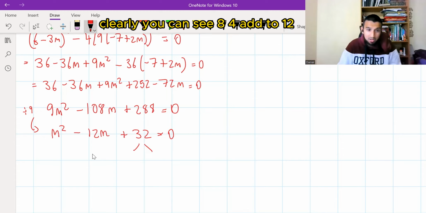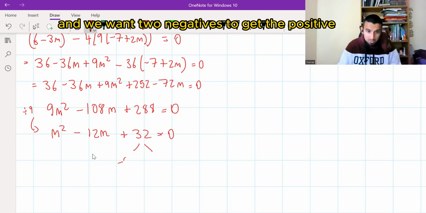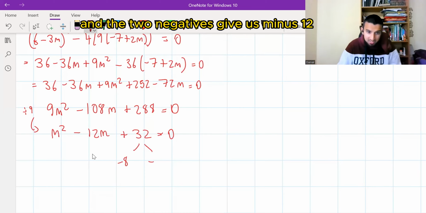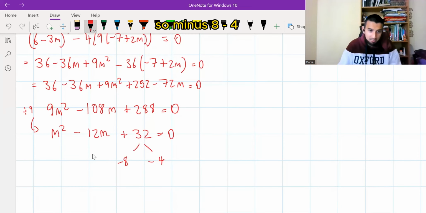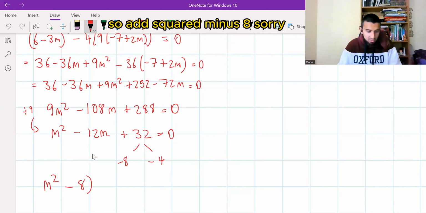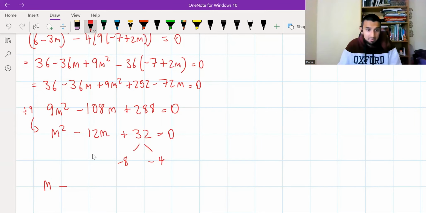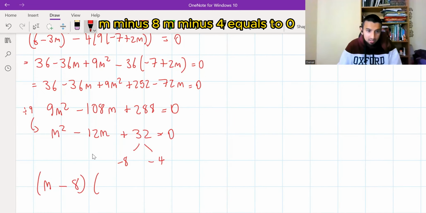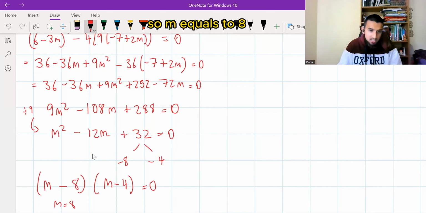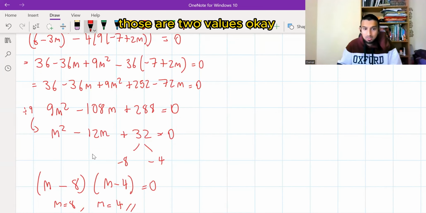You can see 8 and 4 add to 12, but we want two negatives to get the positive, and the two negatives give us minus 12. So (m minus 8)(m minus 4) equals 0, so m equals 8, m equals 4. Those are the two values.